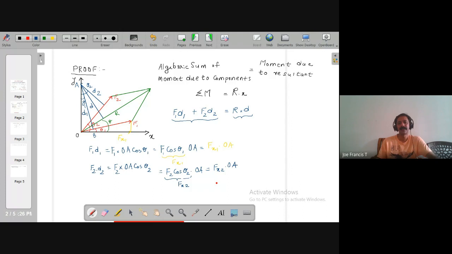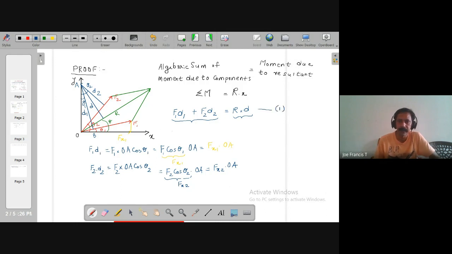Clear? So if you look at the left hand side of the equation, suppose this is equation 1.